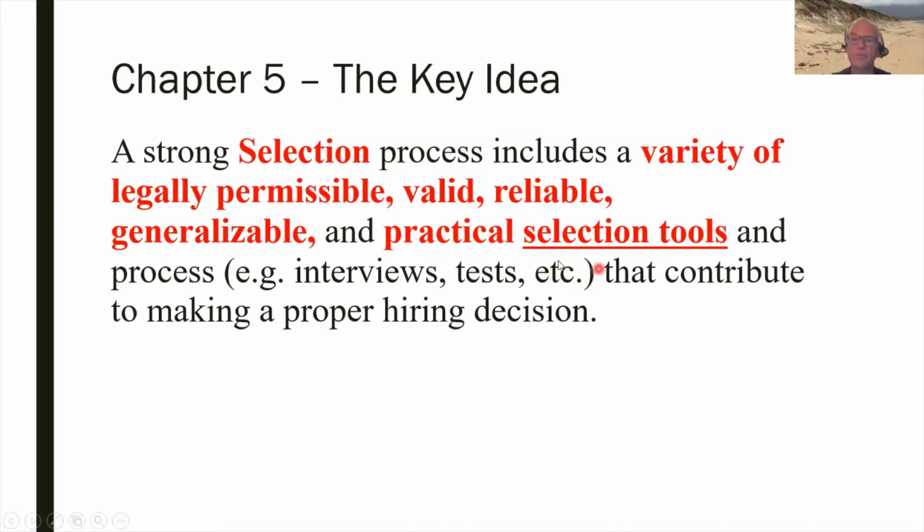And then the process combines them all, right? So the selection process combines all the tools, and you want to be able to use them properly like that, and you want to make the best possible hiring decision. Okay, quite a bit there, but fairly straightforward, and it'll be more clear as we go through it in the end.